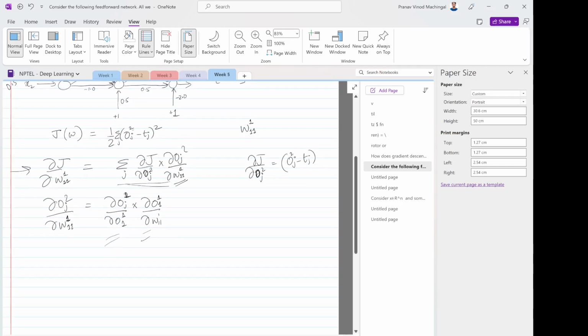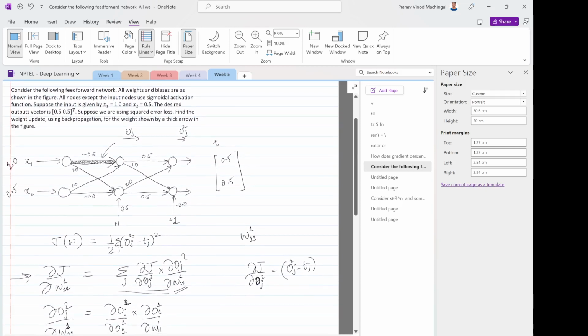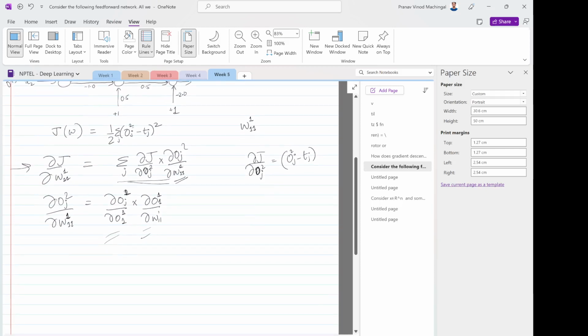They are saying it is a sigmoid activation function, right? So when I am computing del O2j by del O11, just interrupt me if you have any doubt or if you feel I made some mistake.